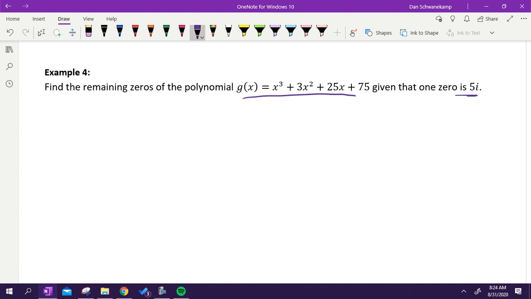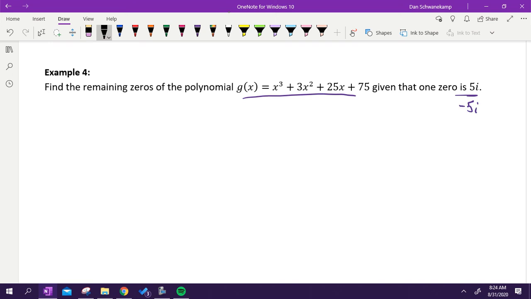Show me with your fingers how many of them are going to be real. 1 is real because 2 of them have to be imaginary. 5i is a root. What else has to be a root? -5i, its conjugate.